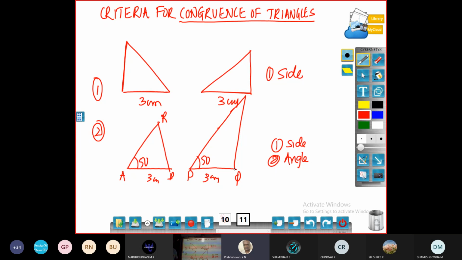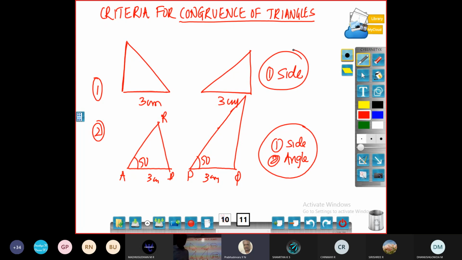These 2 measurements will not fix the triangle here. 2 parts equal is not fixing the triangle. One part, forget, that is not at all possible.